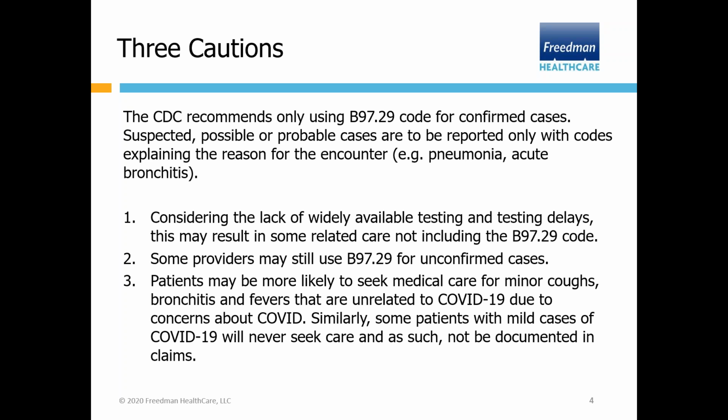As we all know, there's been a lack of widely available testing and some testing delays, and as a result, some related care may not include that B97.29. We also know that providers don't always code exactly as they're instructed, and so some providers may still use B97.29 for unconfirmed cases.